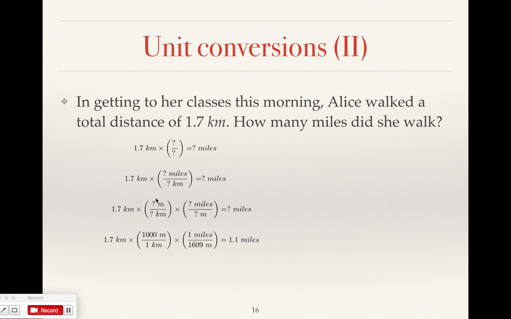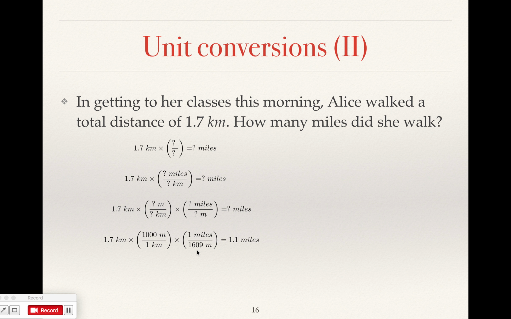So if I plug in the numbers to make these conversion factors equal to 1, 1,000 meters is equal to 1 kilometer. Remember, these are exact numbers since these are just based on the SI prefixes, so this doesn't limit your number of sig figs. And then the second conversion factor, I know that 1 mile is equal to 1,609 meters.